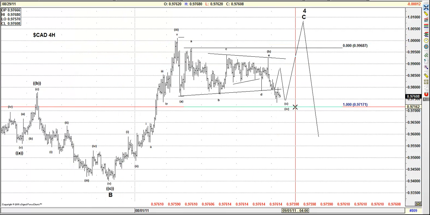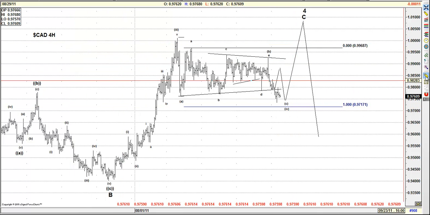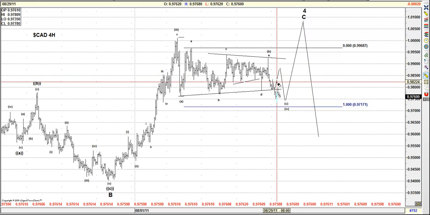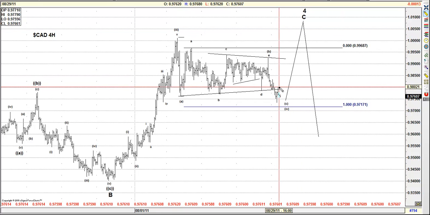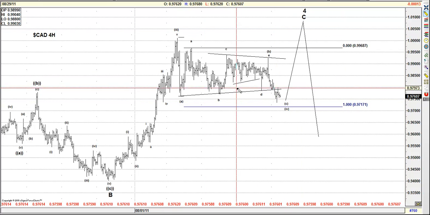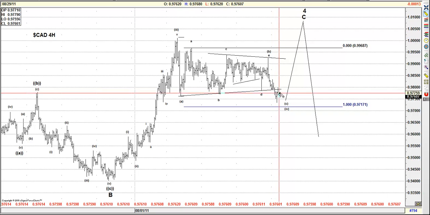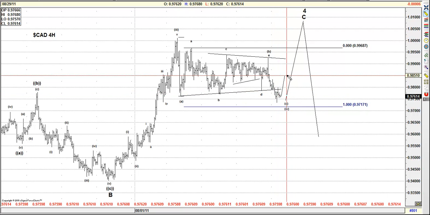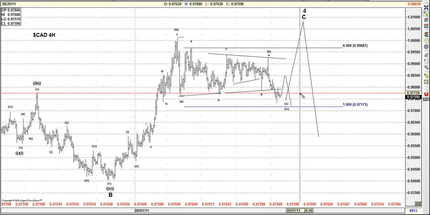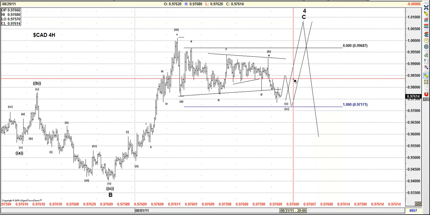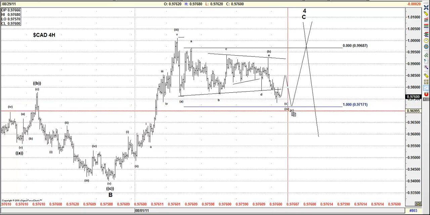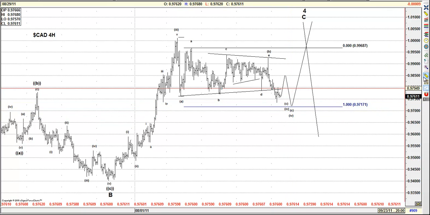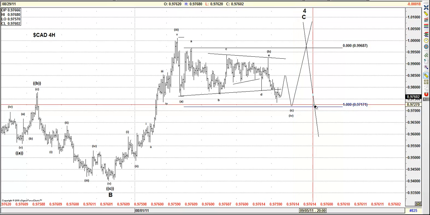We like 97.17, and like cable, we believe this pair has now ended wave A right here. This was a 3, so we possibly need a test higher and a move lower before we bounce higher. That's what we like, and after that we see a move favoring the dollar also.